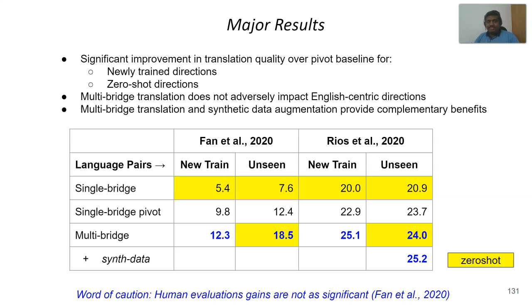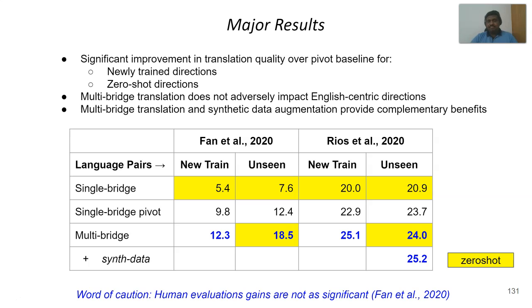The other takeaway is that multi-bridge translation does not adversely impact the English-centric direction, so that translation quality is maintained. If you combine multi-bridge translation with synthetic data augmentation, we do get complementary benefits as well. However, one thing to note is that while the BLEU score gains look good, some human evaluation shows that the gains are not as significant.